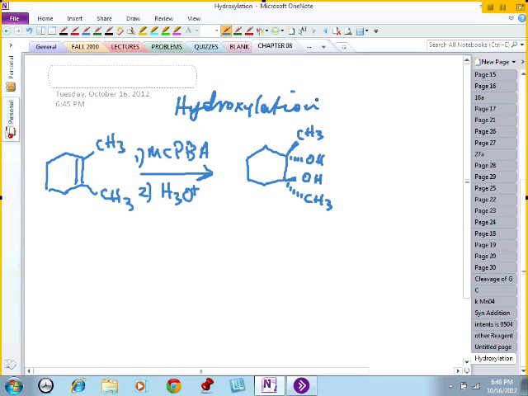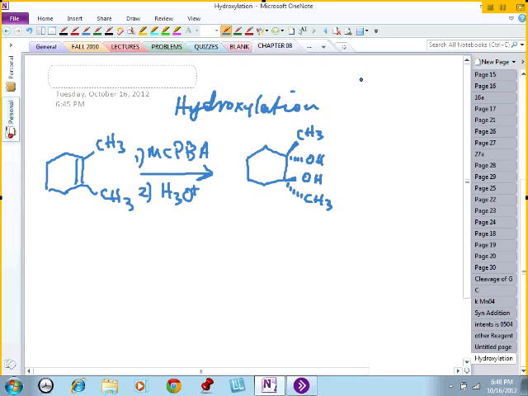The epoxidation is just forming the epoxide. If that is what you want to make, you could stop right there. But if you want to do a hydroxylation, then you add the dilute acid to go to the hydroxylation part of it. So those are actually two different reactions: the epoxidation followed by the acid hydrolysis to form the 1,2-diol.